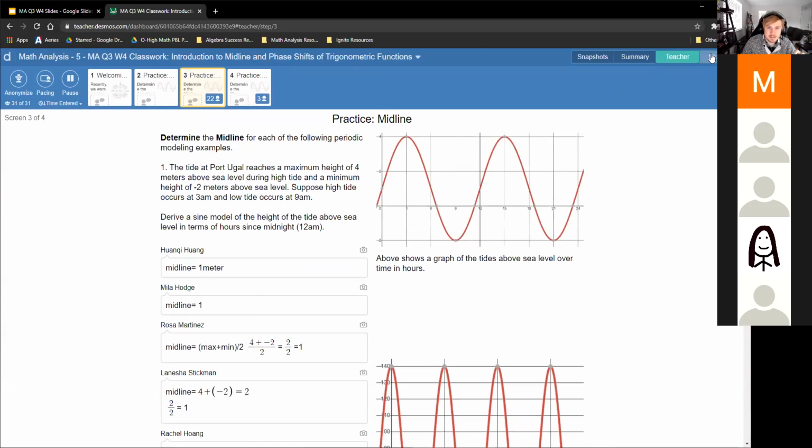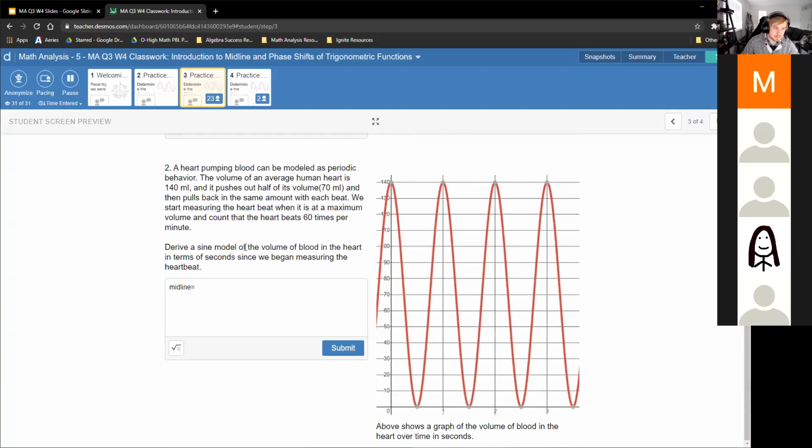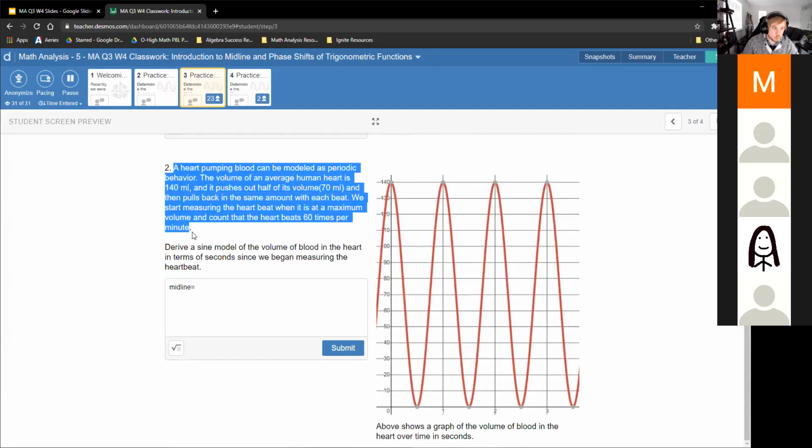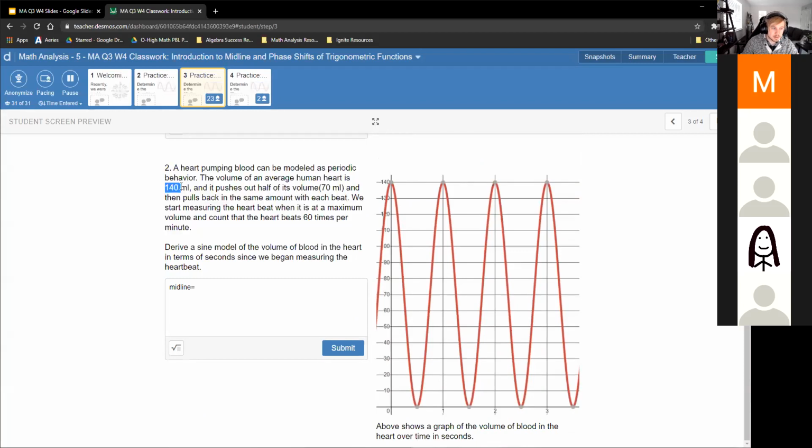Looking at it from the perspective of the word problem, I see that my maximum is 140, and my minimum is when it pushes out 70 milliliters, so that's 70 left. So my midline would be 140 plus 70 over 2, which would be 210 over 2, which would be 105, right?